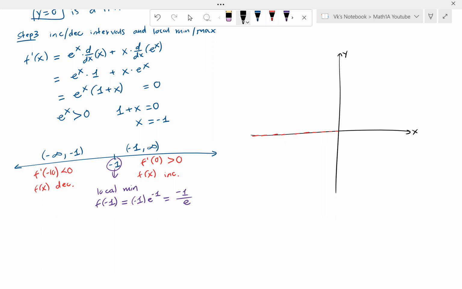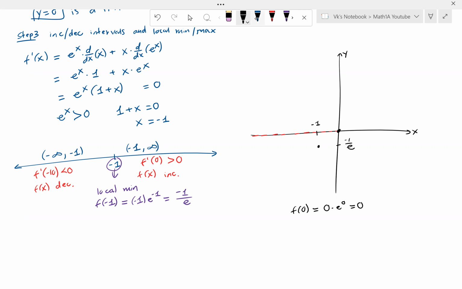So the function has to go through the point 0, 0. f of 0 is 0 times e to the power 0, which is 0. Also, negative 1 over e is the local minimum.